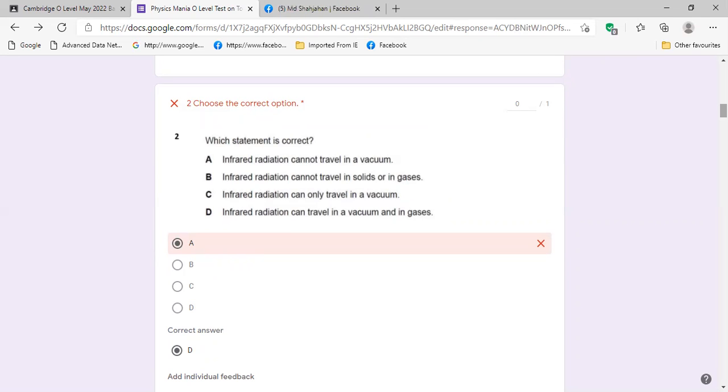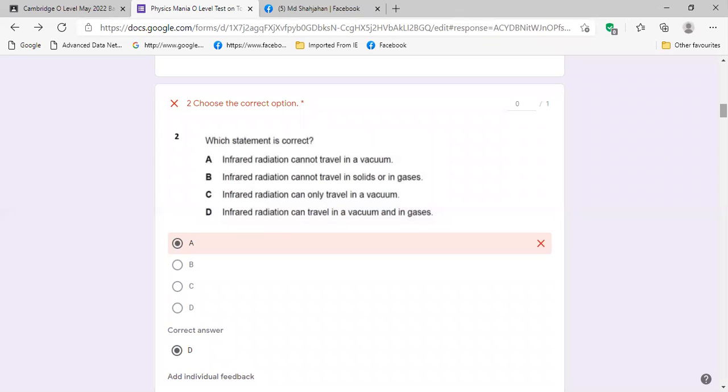Okay, so it's about infrared, right? Infrared radiation is the other name of heat energy, isn't it? You should take this note that infrared radiation is other name of heat energy or thermal energy.